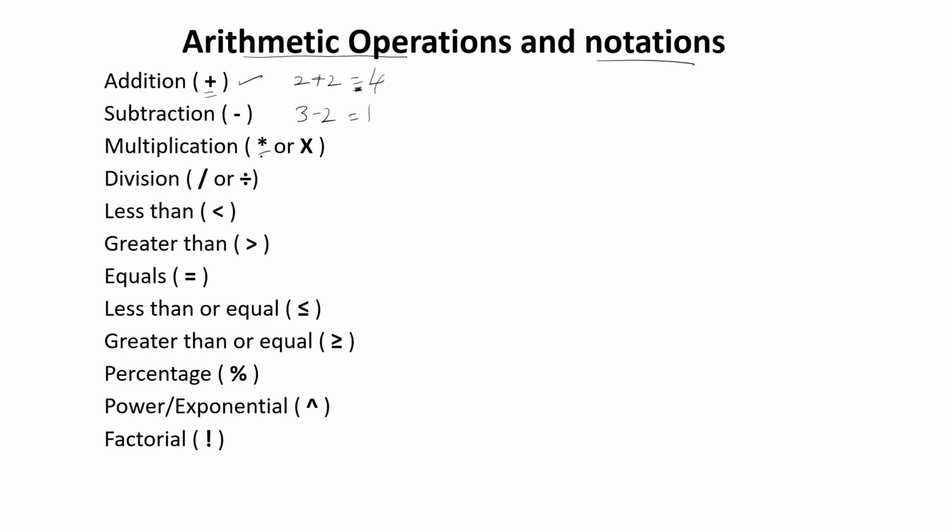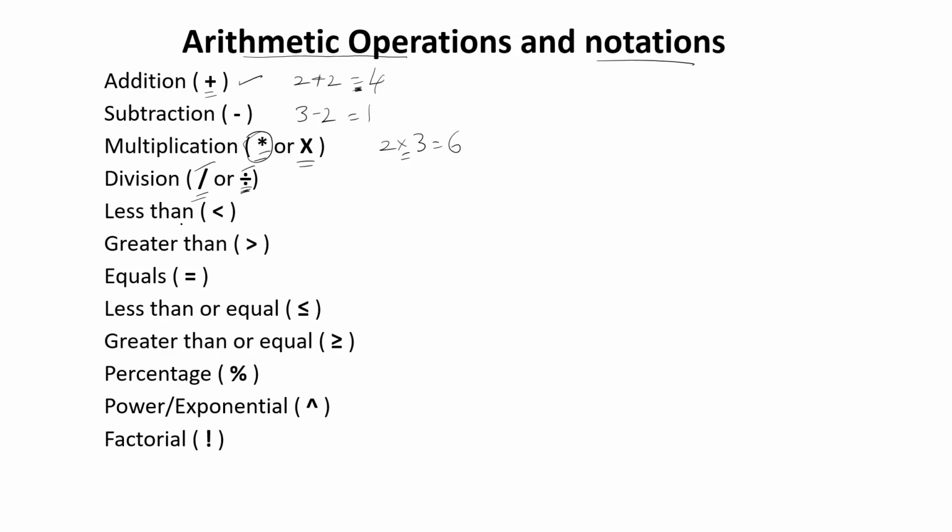Now multiplication, sometimes in computer language they use an asterisk, the star symbol, and sometimes it is x. For example, 2 into 3 is equal to 6. Now division, you can use the forward slash as the division symbol. Sometimes they use this symbol, sometimes that symbol.